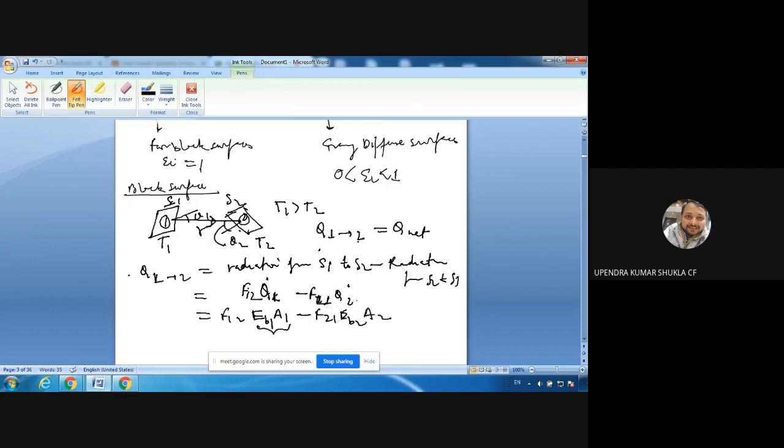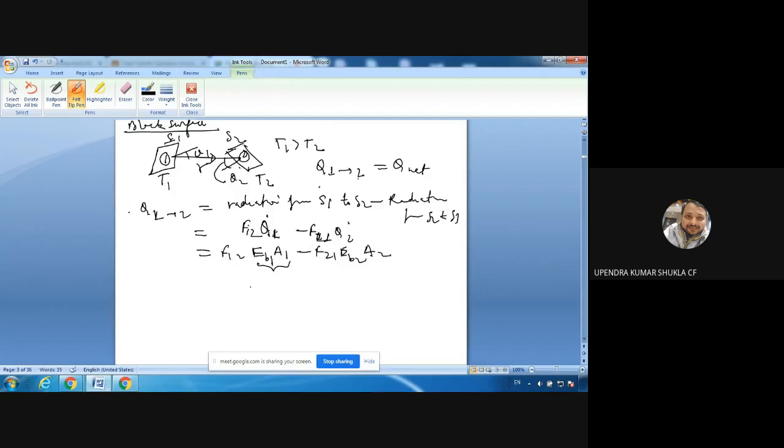Now use the reciprocity relationship. You know A1 F12 is equal to A2 F21, the reciprocity relation I just explained.